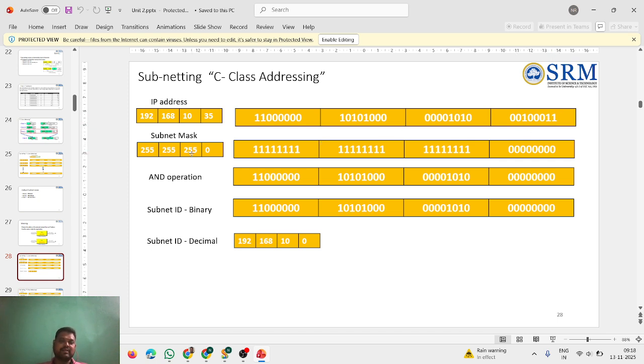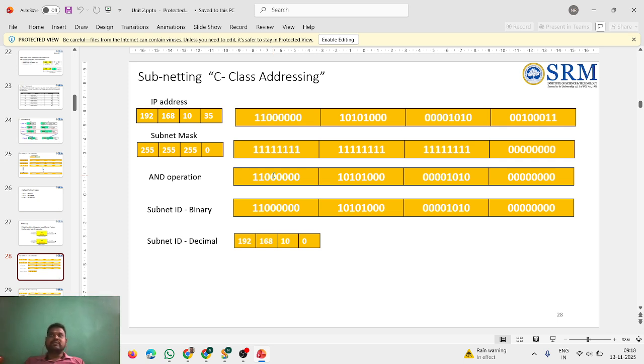And the subnet mask will also be converted to binary format, and then you have to do a logical AND operation. Simple, right?